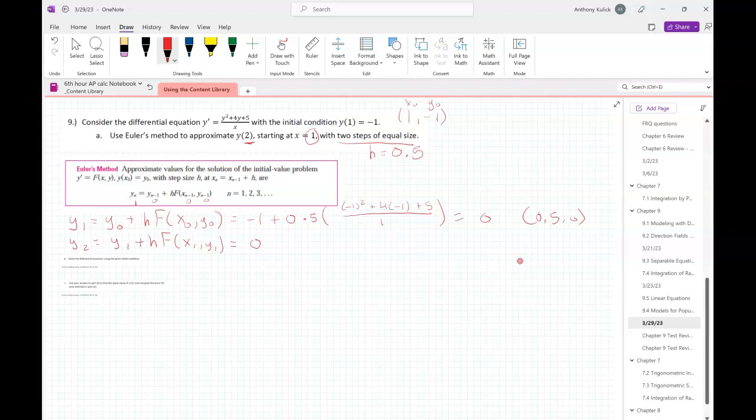So that's going to be 0 plus 0.5 times 0.5 squared plus 4 times 0.5 plus 5 all over, oh, those are y's up there. Whew. So my x is, oops, that should be 1.5, right? 1.5.